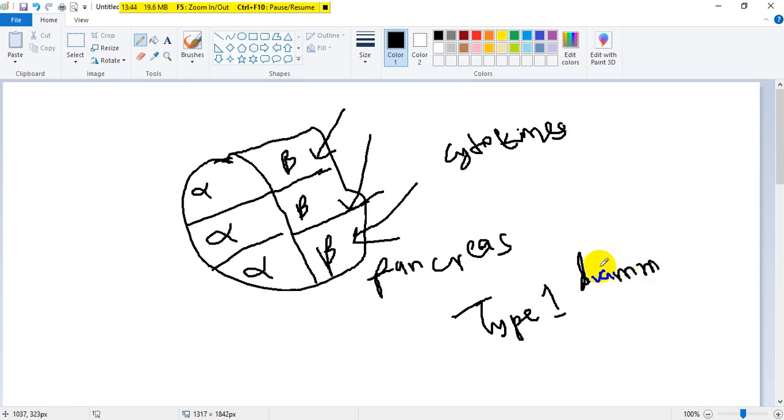It means that their own body components, their innate immune system, is fighting against the beta cells of their own pancreas, giving them diabetes mellitus type 1.